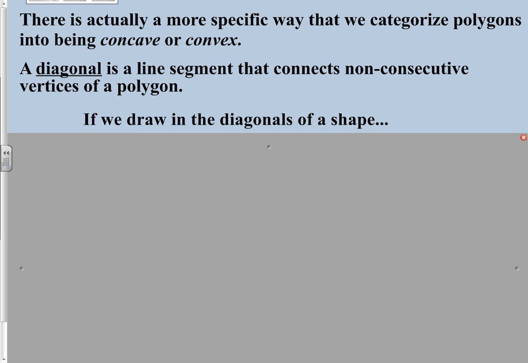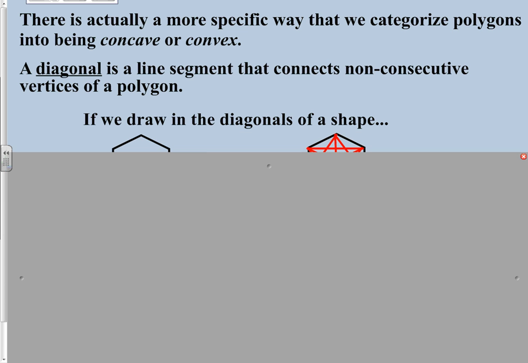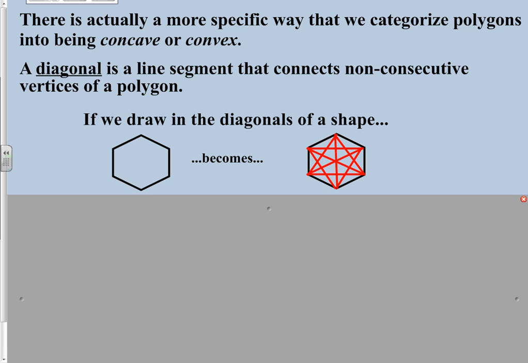Okay, so if we were to draw in the diagonals of a couple of shapes here, well, I started off with a six-sided polygon. We're going to talk about that here in a minute. It's called a hexagon. If you were to draw in all of the diagonals, those are all of the red lines that are inside of the figure there. And as you can see, there are a lot.